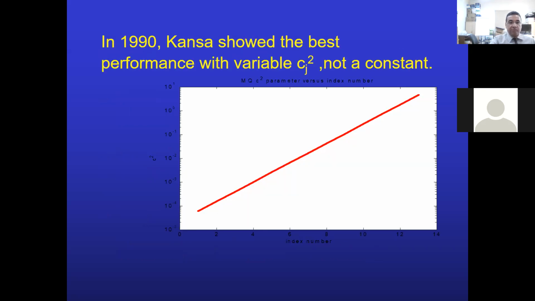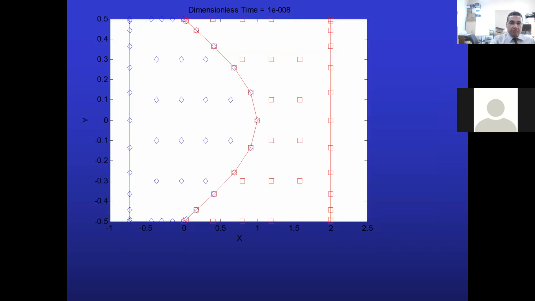Next slide. Now, maybe some people are going to find this offensive to me. I get the best approach with a variable shape parameter, c squared. It kind of goes like this, linear. Sometimes it goes quadratically, and so on, or exponentially. Next slide. Oh yeah, this does go exponentially. Sorry.